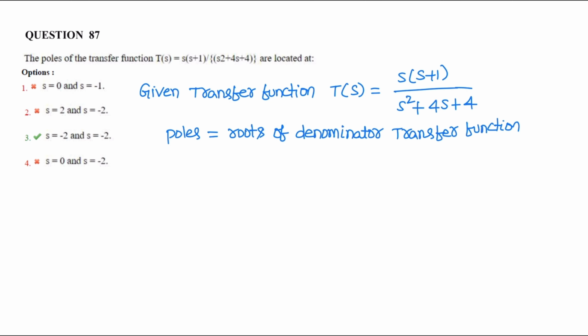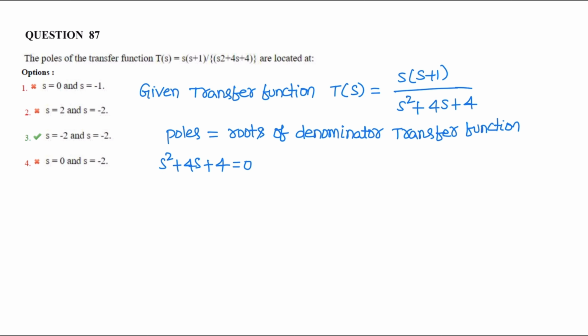Question number 87. The poles of transfer function is given as. So we know that poles are roots of denominator transfer function. So given transfer function is s square plus 4s plus 4. The roots of denominator is poles. s square plus 4s plus 4 is equal to 0.